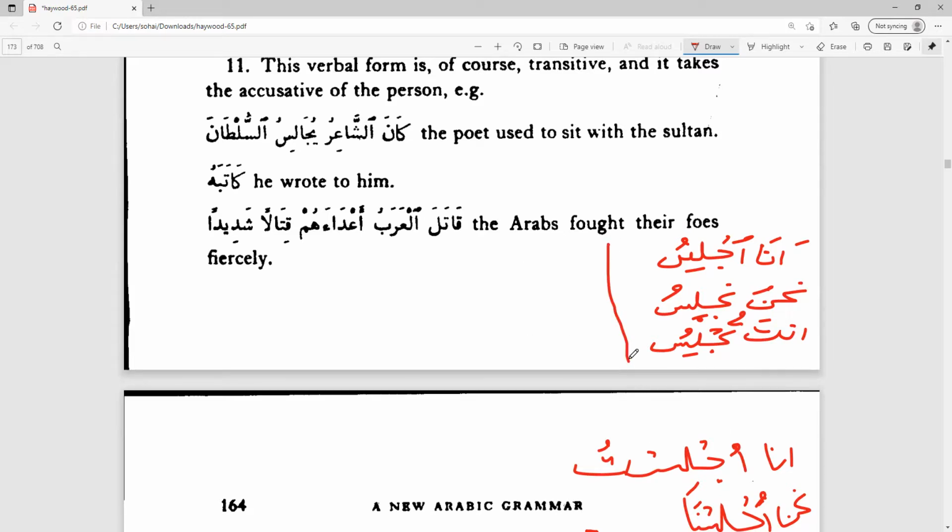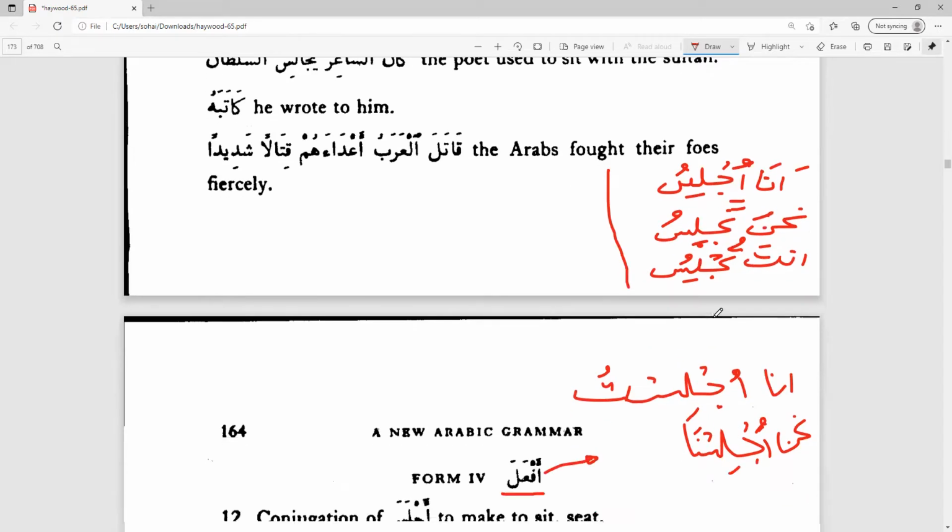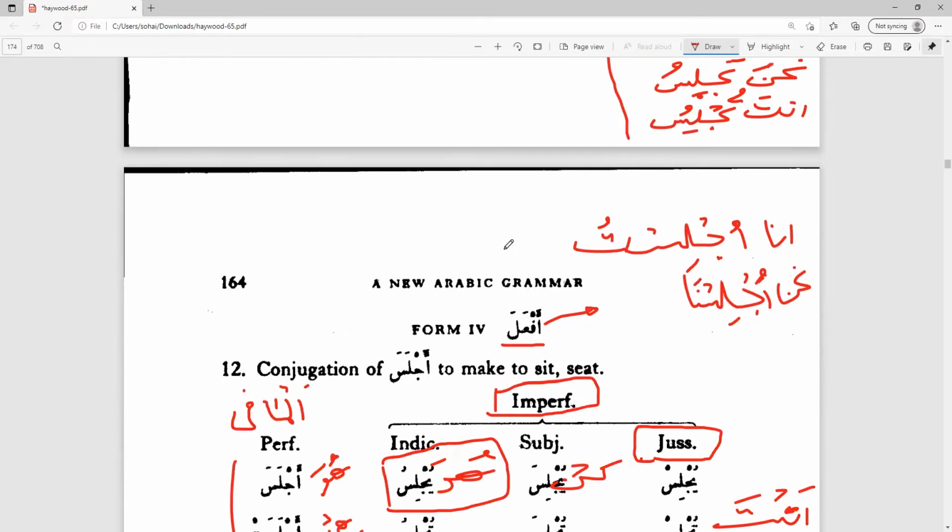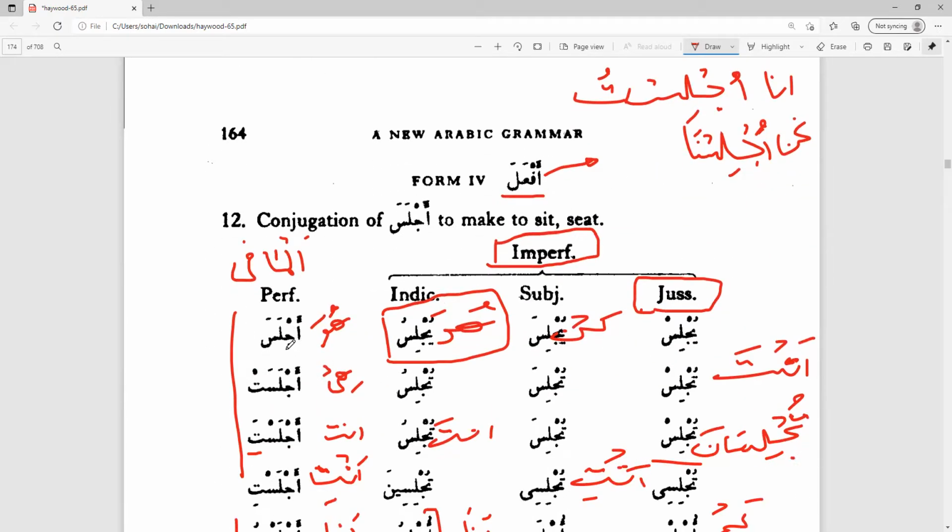The main thing we do differently from the madi when we make mudare is that we add a sign of mudare, which is alif for me, ya for he, yani ujlisu, yujlisu, tujlisu, and so forth. We don't change what's already in the madi.